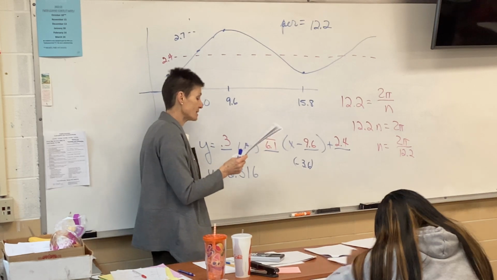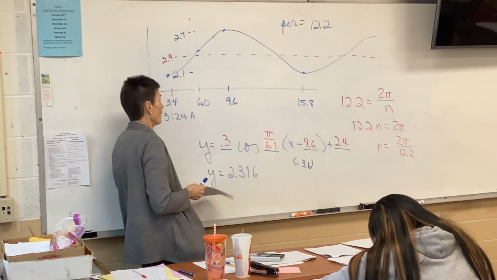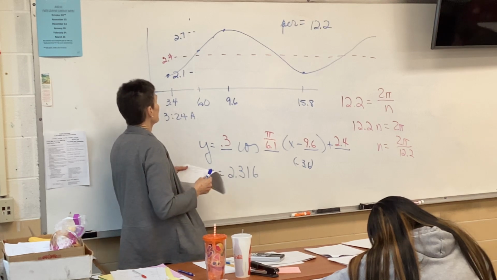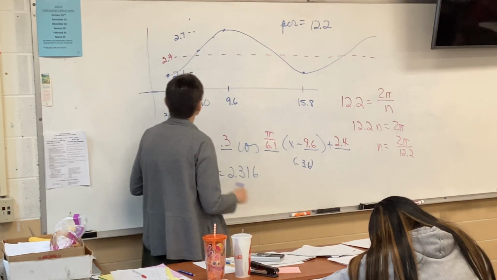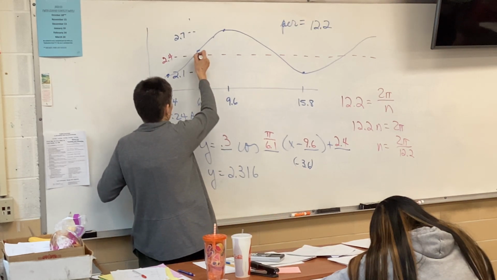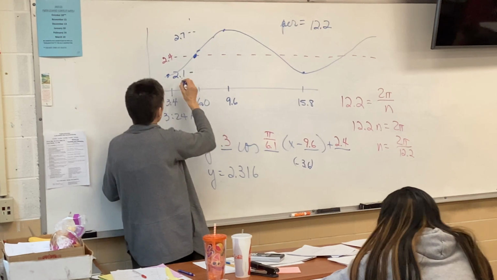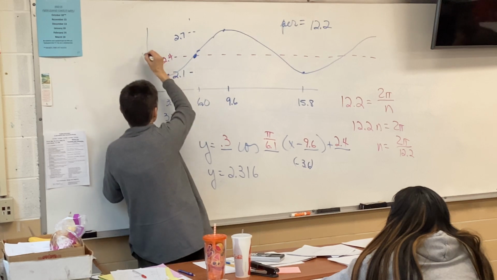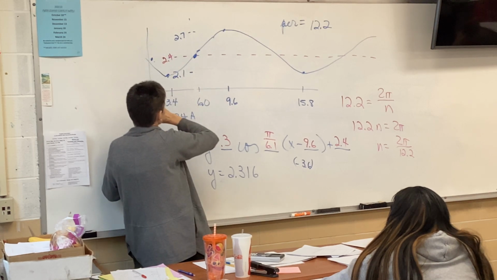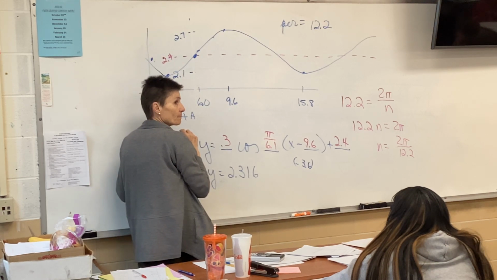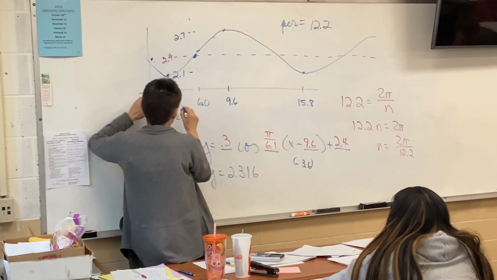What was the first time on July 4th when the water was 2.4 meters deep? That would have been right here, wouldn't it? Or, wait a second, is there a time before that even? Yeah, it's like 12:58 or 12:56 or something.